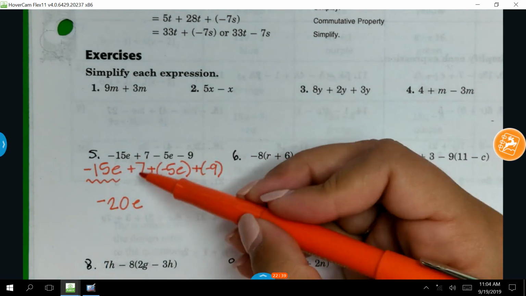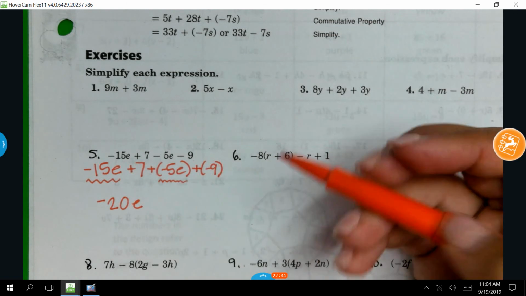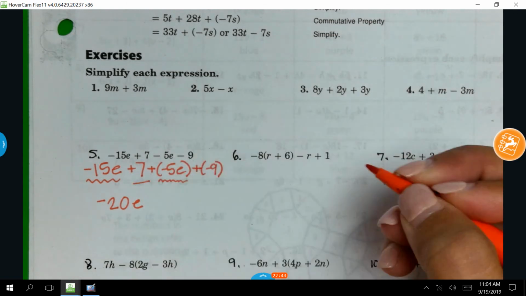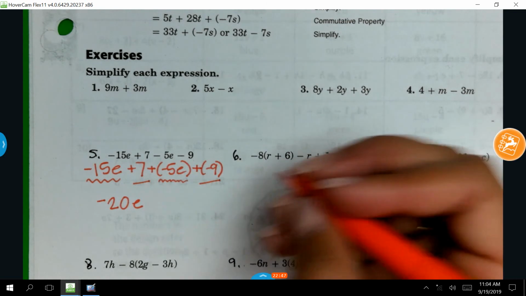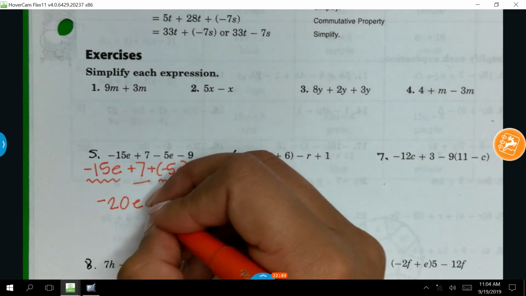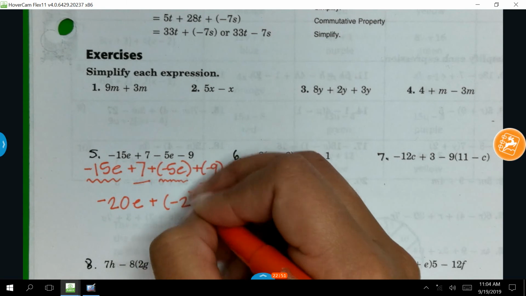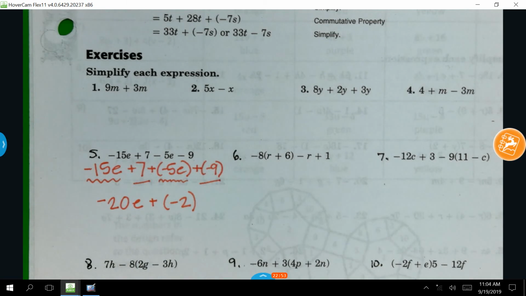And then what about my constants? Can I combine those? Yeah. So I've got positive 7 plus negative 9. So what does that give me? Negative 2. So is it plus negative 2? That's all you do.